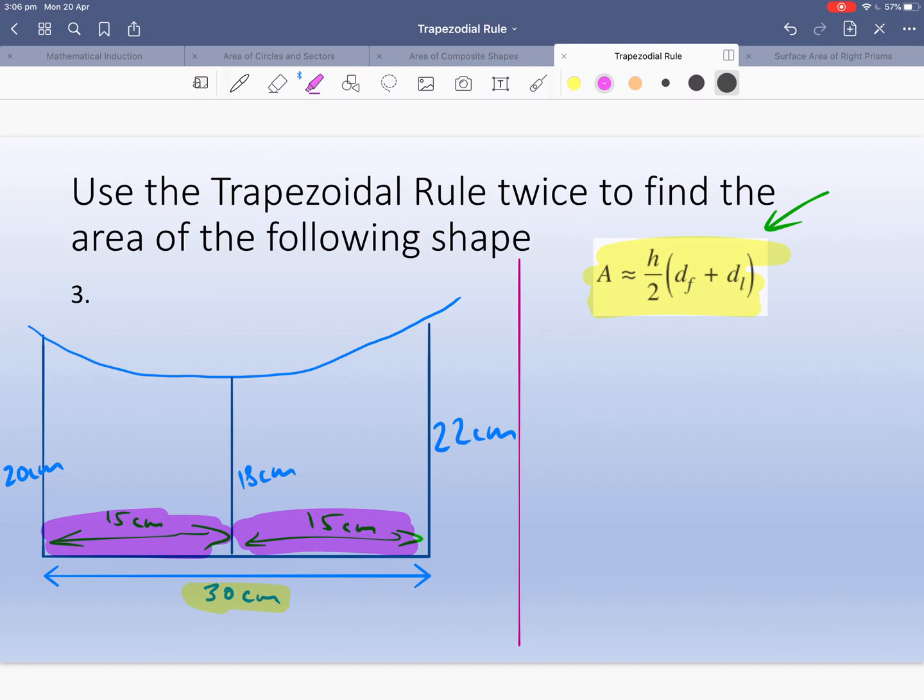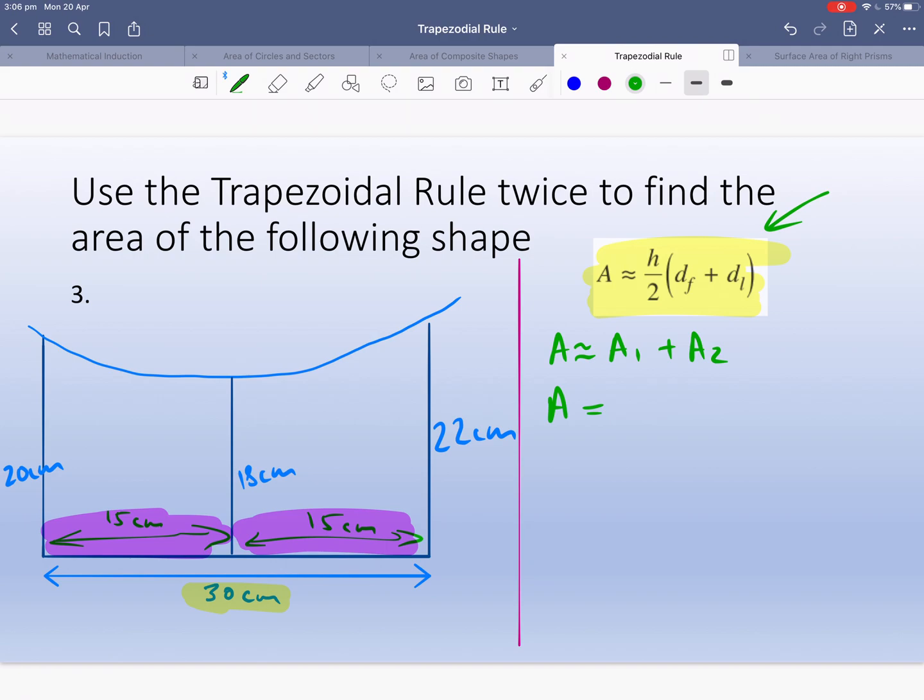Okay. So in essence, what we're doing is a composite trapezoidal rule to find an answer. So the area of this will be approximately area 1 plus area 2. Now, we can do it all in one go. What's our h? Now remember, h in this is not going to be up.